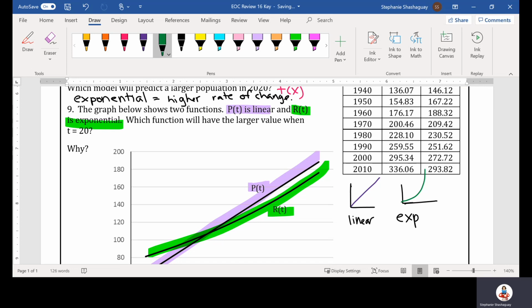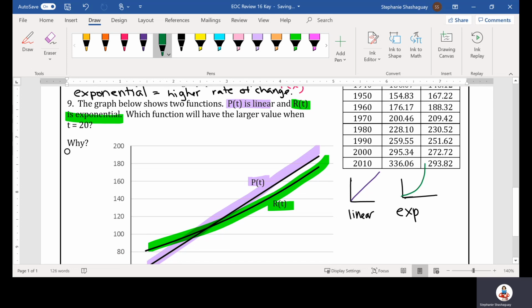So no matter what, our exponential function is always going to grow at a faster rate, and if my t is equal to 20, then I know that my r of t function is going to grow faster. So r of t grows at a faster rate. Therefore, when t is equal to 20, that will be my greatest value.